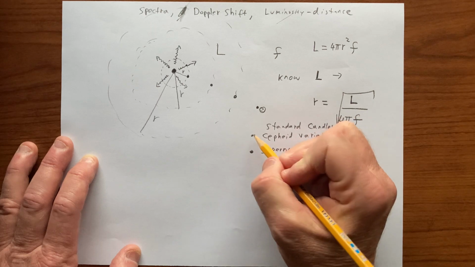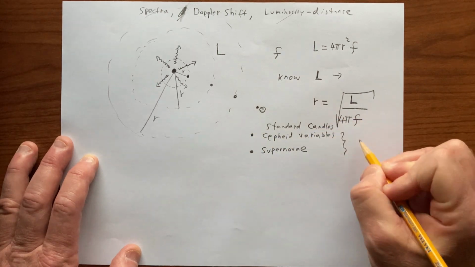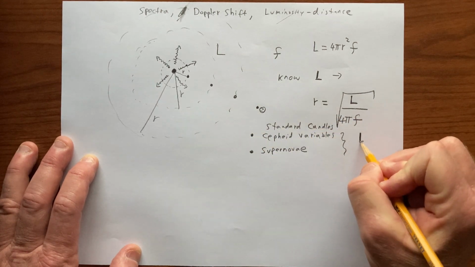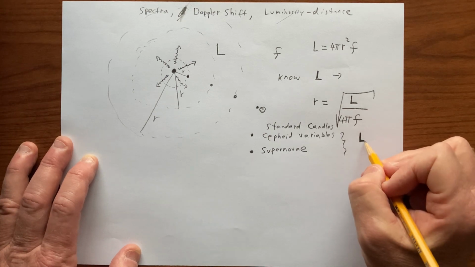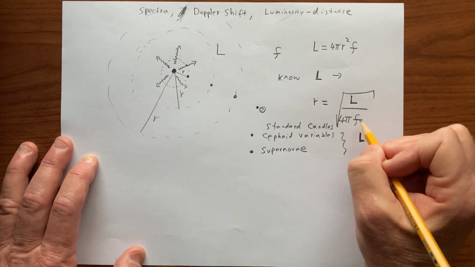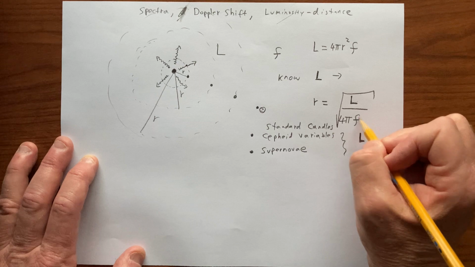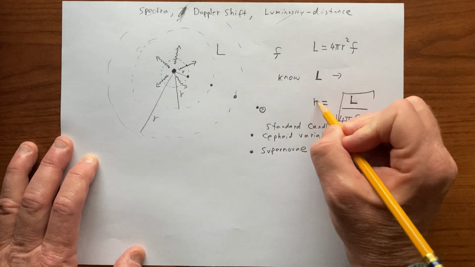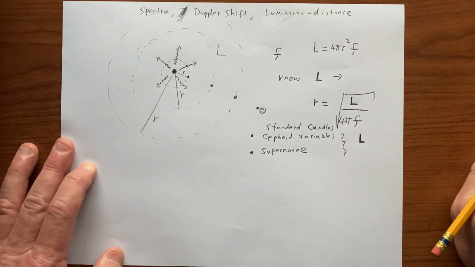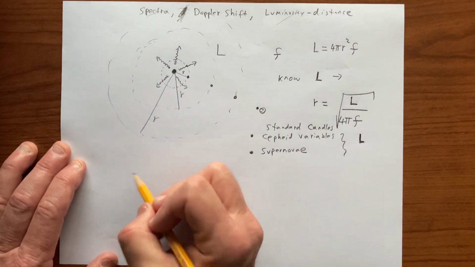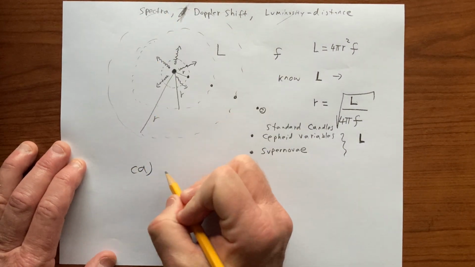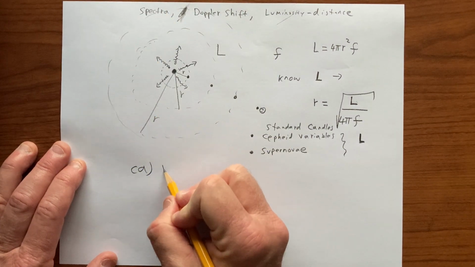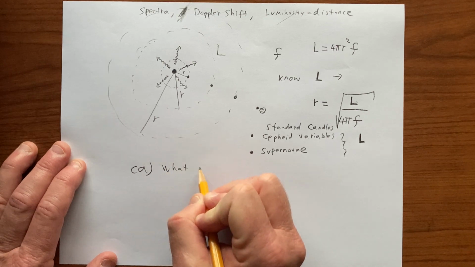And these kinds of objects, we'll argue, we can find their luminosities, and they're all the same, and therefore if we observe them, we'll get their flux, and given these two known quantities, evaluate how far they are.